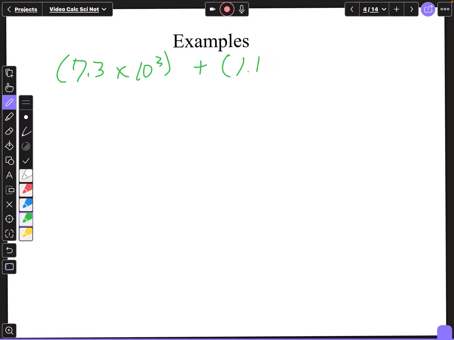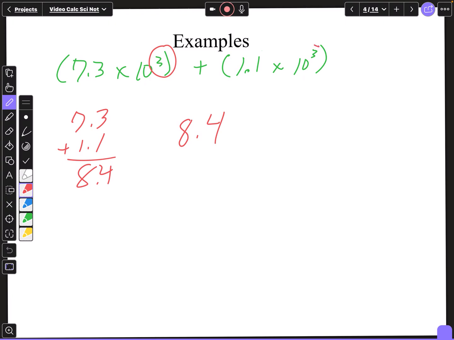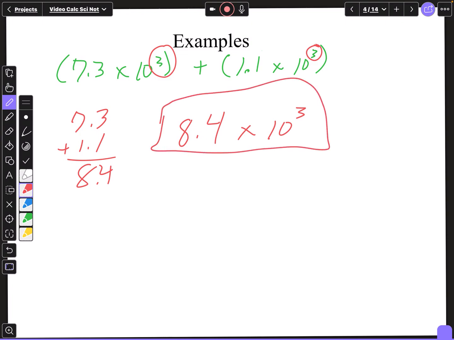I would encourage you to write these extra problems down. Then I'm going to add the 7.3 and the 1.1. That would give me 8.4. So my answer would be 8.4, and then my exponents are both 3. They stay the same. 8.4 times 10 to the third power. That would be my answer.